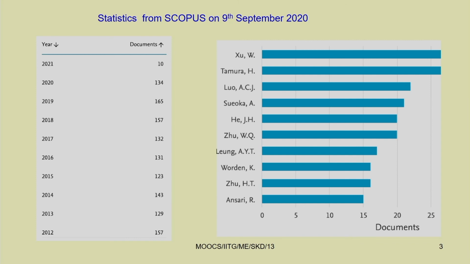perturbation analysis. For the Duffing equation, today I have checked the literature in Scopus and you can find more than 3400 papers related to Duffing oscillators only. In 2010 you can find 10 publications, in 2020 around 134 publications, in 2019 165 publications, in 2018 157.